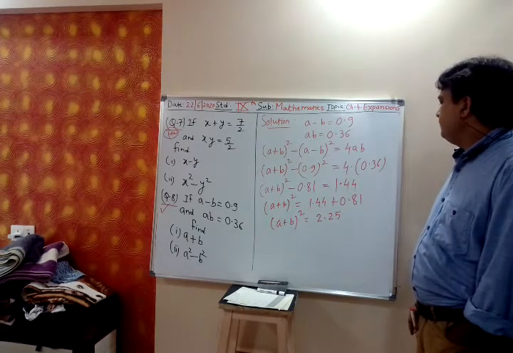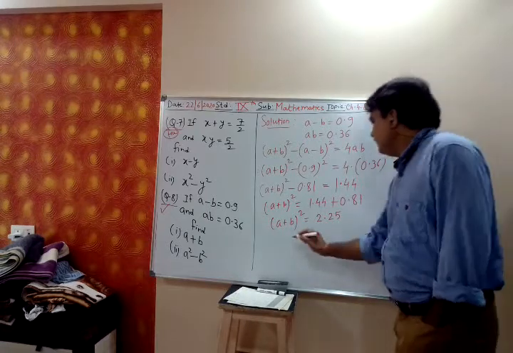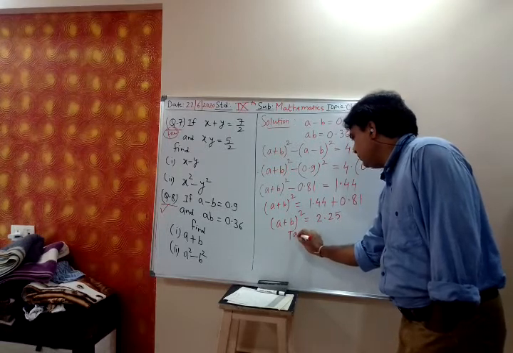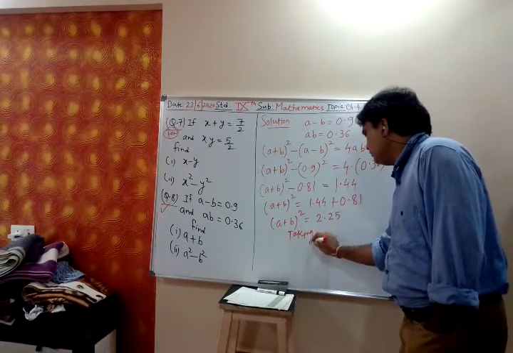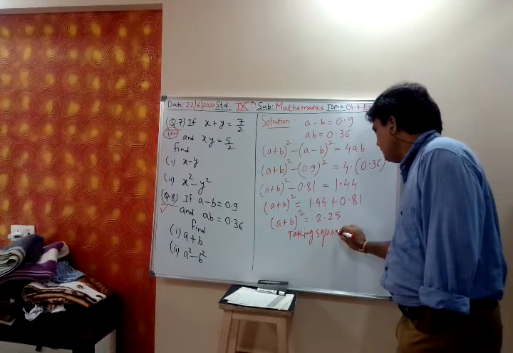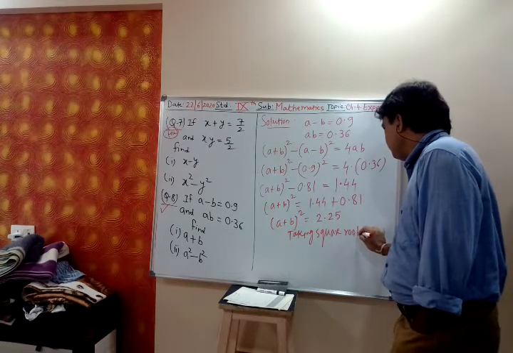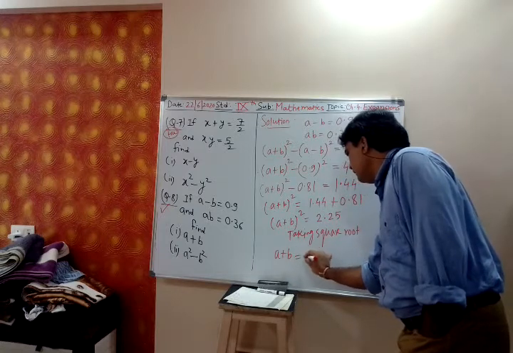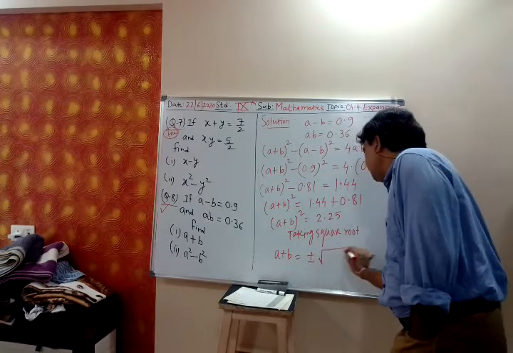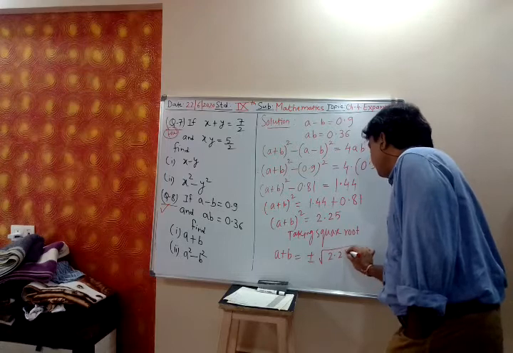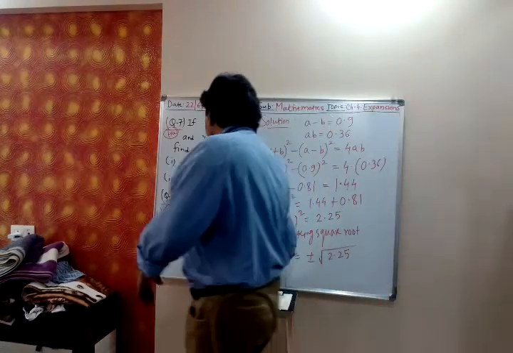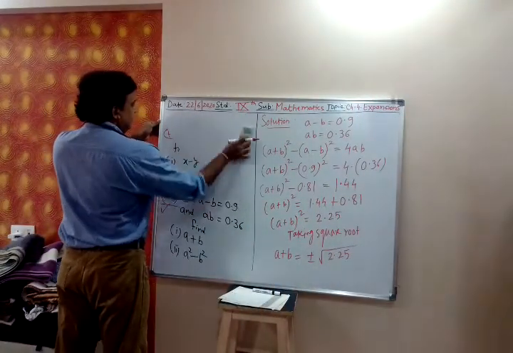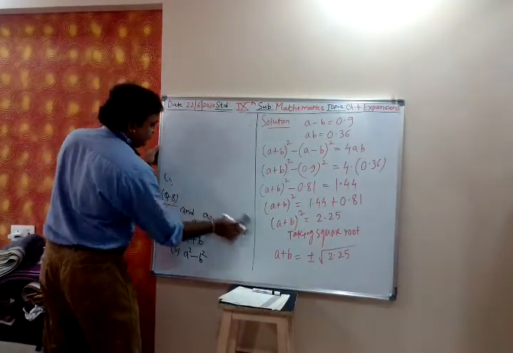Now we take the square root. It is a square, so taking the square root, you will get a plus b is equal to plus minus square root of 2.25.